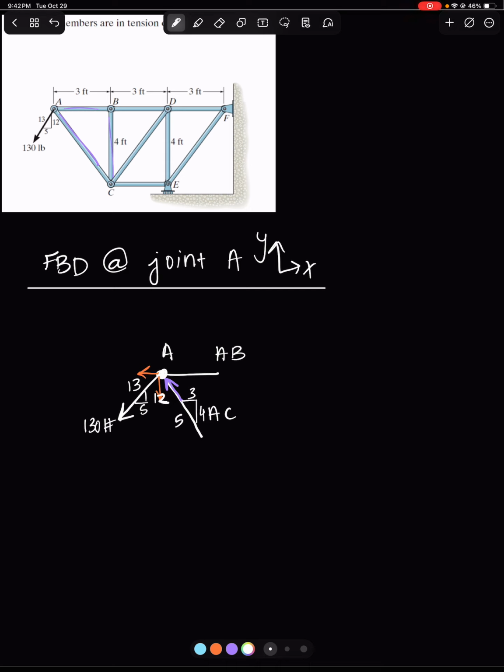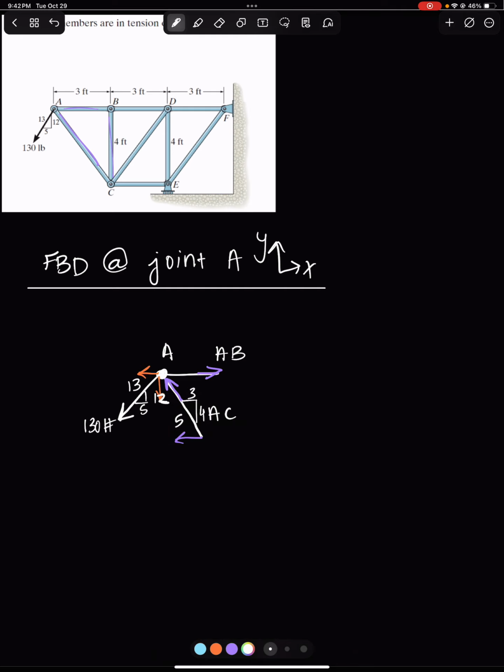The x component of AC also goes in the negative x direction, so AB must go in the positive x direction, because both other forces go in the negative x direction, and we need it to counteract that.